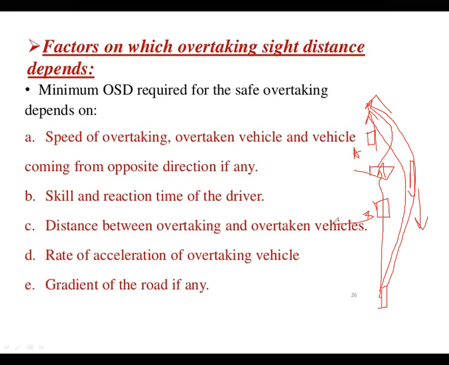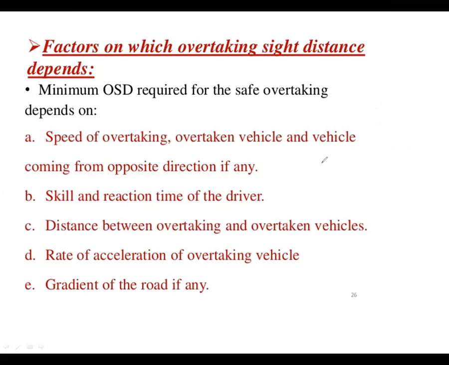Gradient of the road, if there is an ascending gradient and a descending gradient. If there is a descending gradient, both vehicles are in much acceleration and the vehicle coming from the opposite direction has less speed. Consider this is the descending gradient and both vehicles are moving like this.